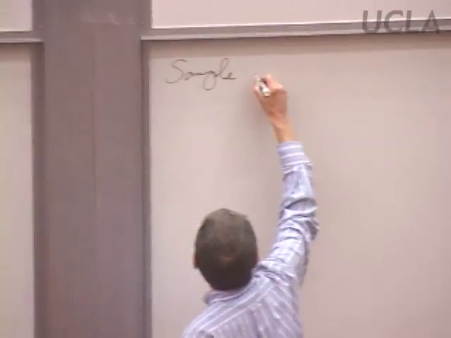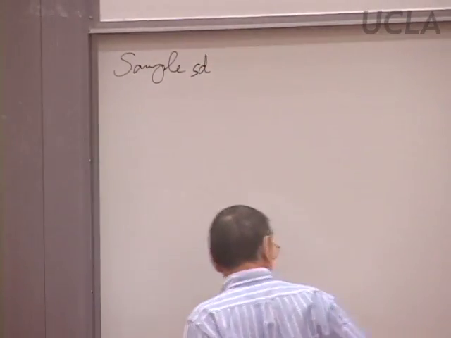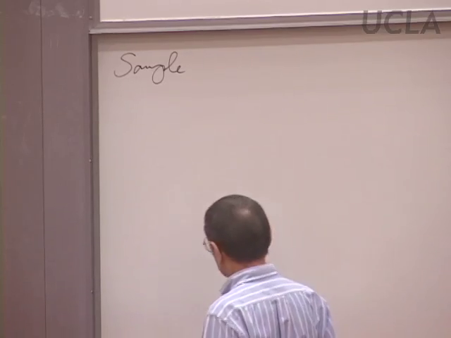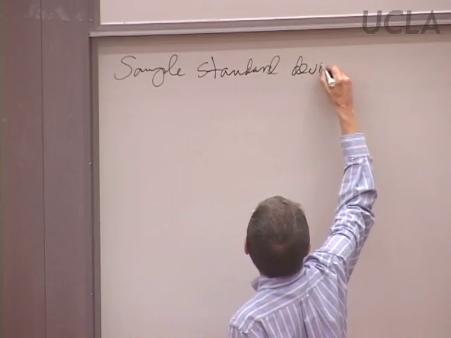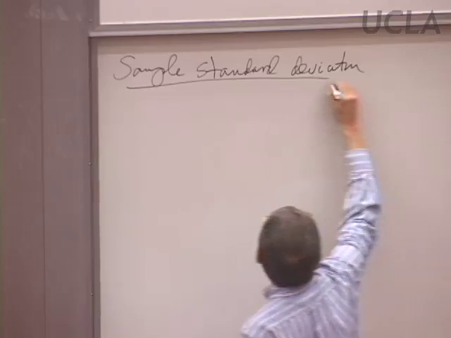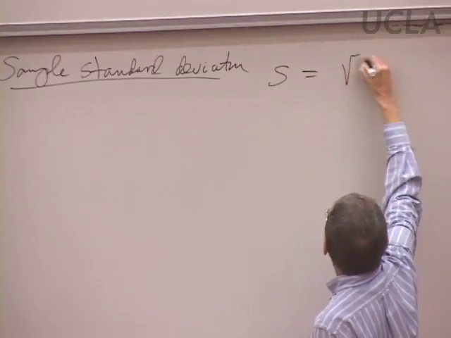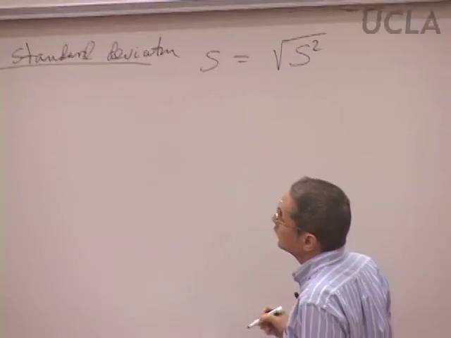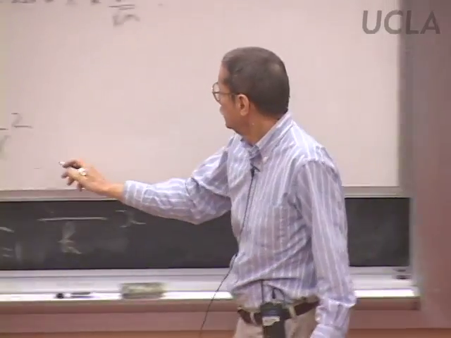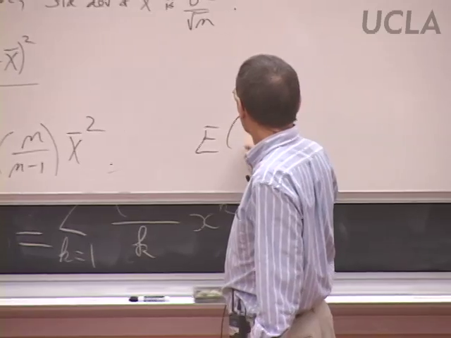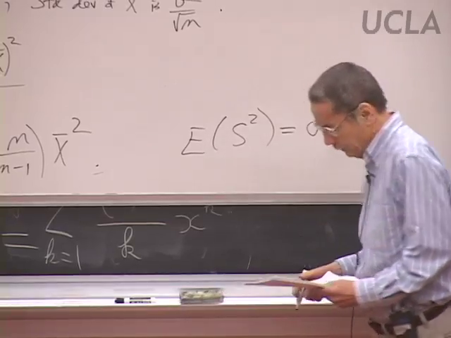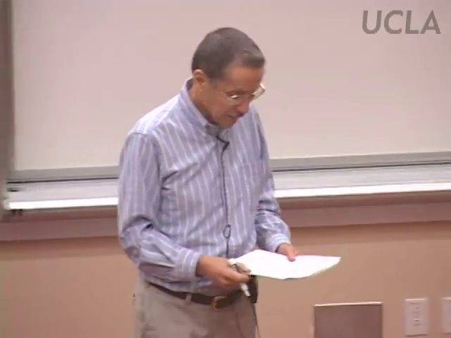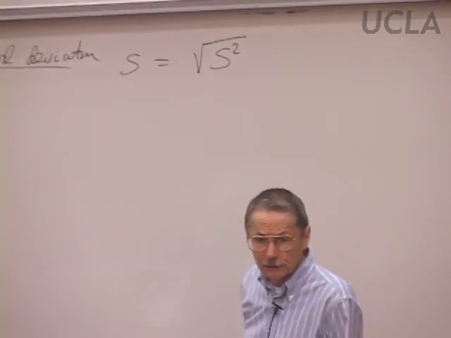And we talked about the sample standard deviation, simply the square root of the sample variance. And the expected value of s squared is sigma squared. So we figure this ought to be close to sigma.